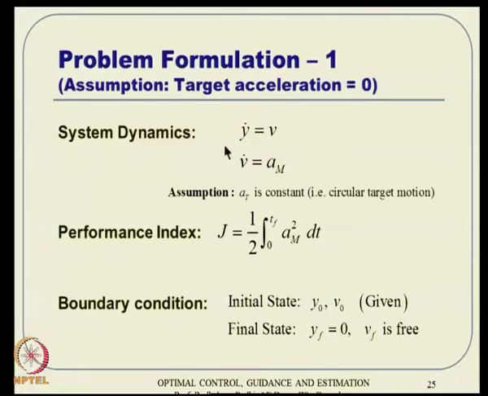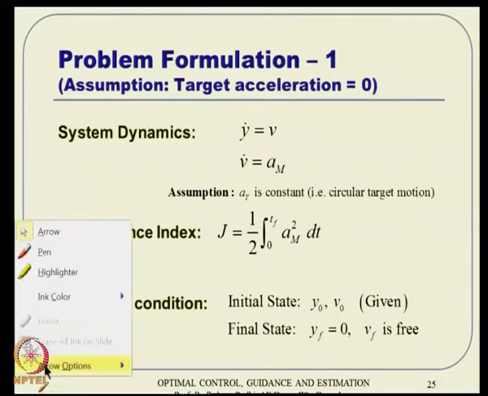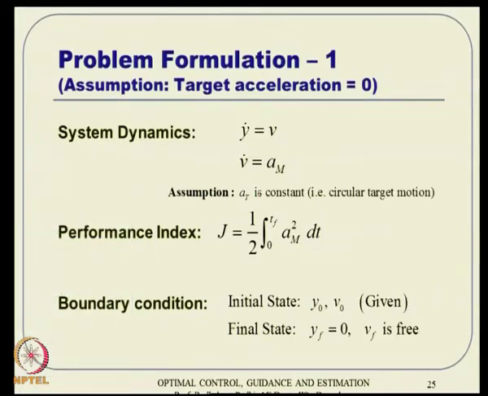This is the constraint. What you are assuming here is AT equal to 0. The next case we will see that AT is constant and all that. Right now we will see AT is 0. So, this is why v dot is AM actually.